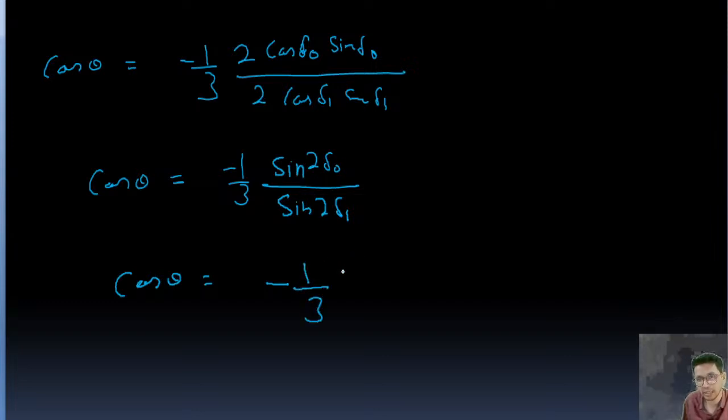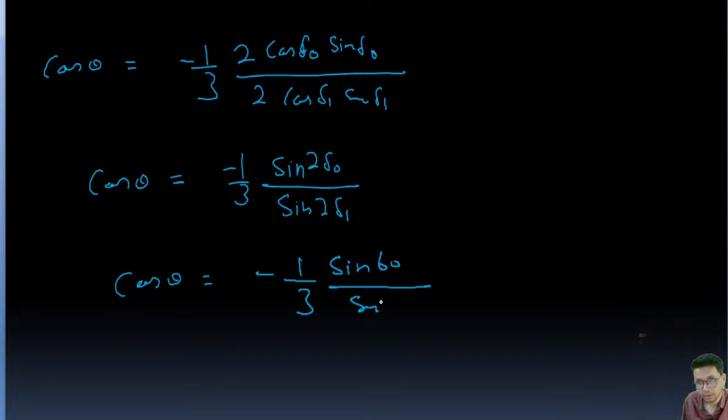Cos theta value is going to be minus 1 by 3, and sin delta naught value is given, that is 30, right? So sin 60, which is root 3 by 2, upon this one, or I can write simply, minus 1 by 3 sin 2 into delta 0, which is 30, right? Delta naught is 30 means sin 60 upon sin 2 delta 1, delta 1 is 10, so sin 20.